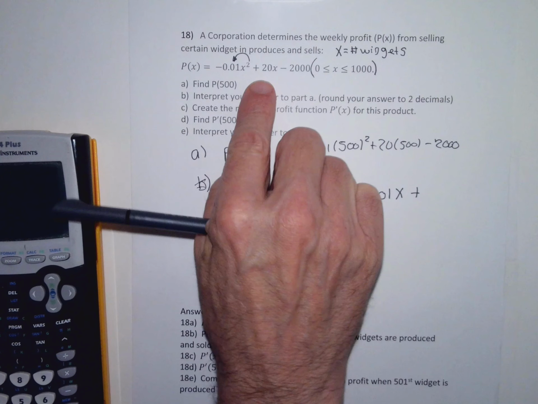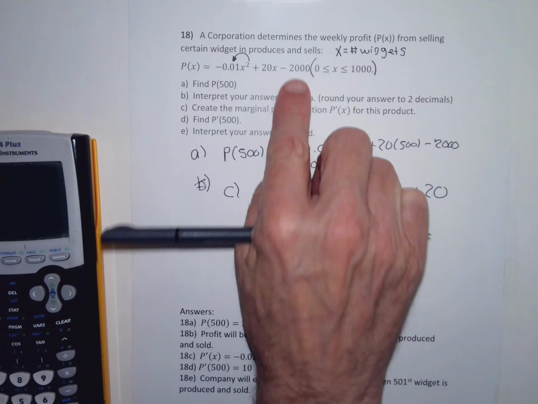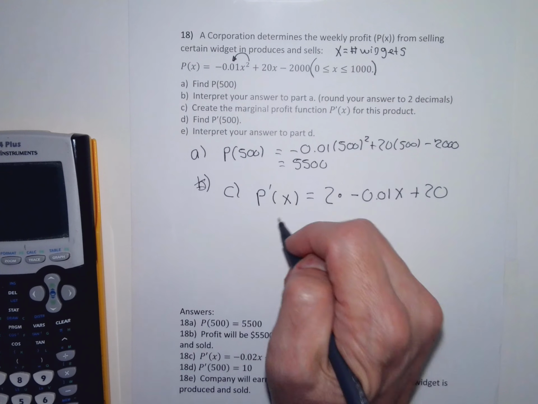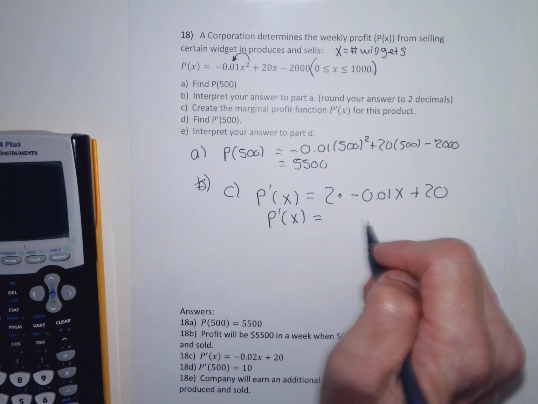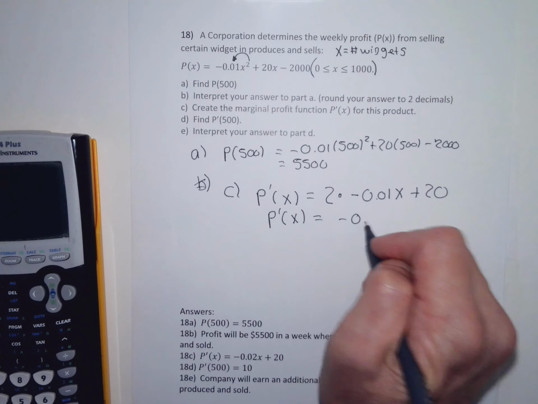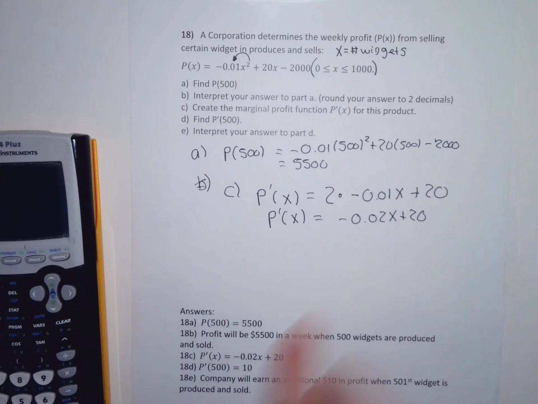The second term is a first power term. Its derivative is its coefficient of 20. The last term is a constant. Its derivative is 0. So the marginal profit function, if I just do this multiplication, is negative 0.02x plus 20. That's my answer to part C.